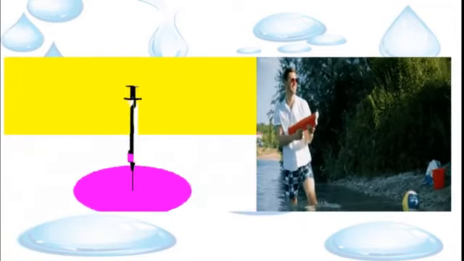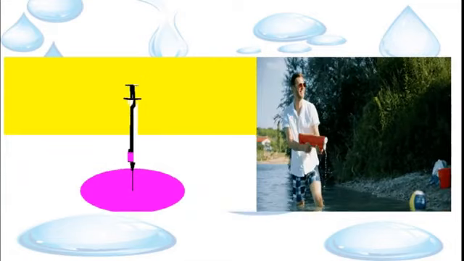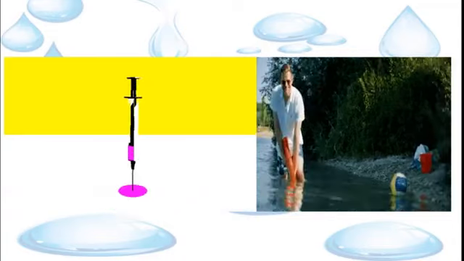Now dear students, see this. The first one is an injection syringe and the second one is the spray pump or the water gun, you can call that. Okay, now see the action.